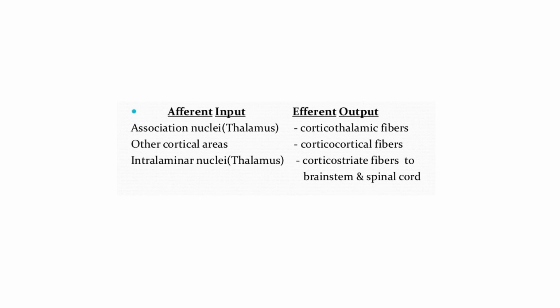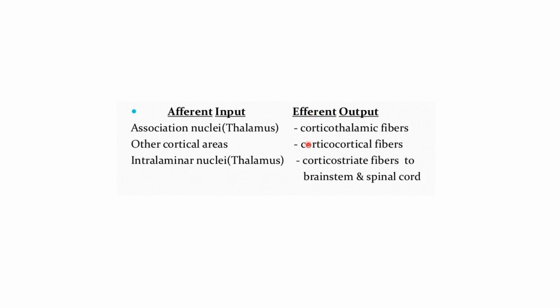Now, what are the afferent inputs? We have the association nuclei, the thalamocortical fibers, all the fibers coming from different areas to the cortex are the afferents.